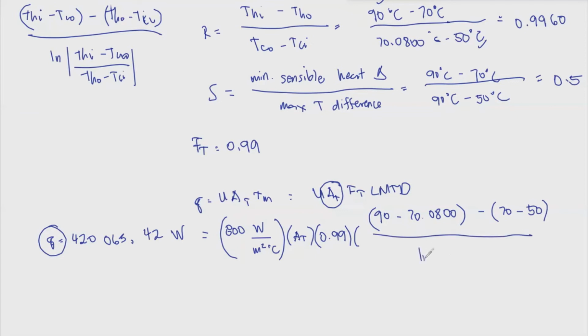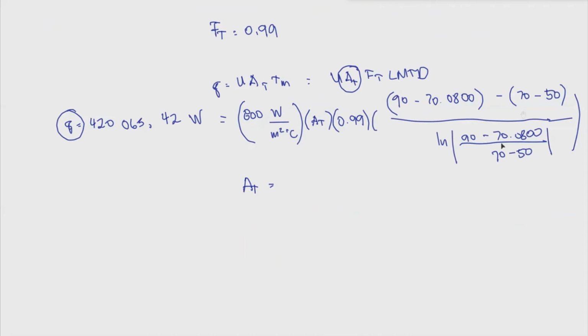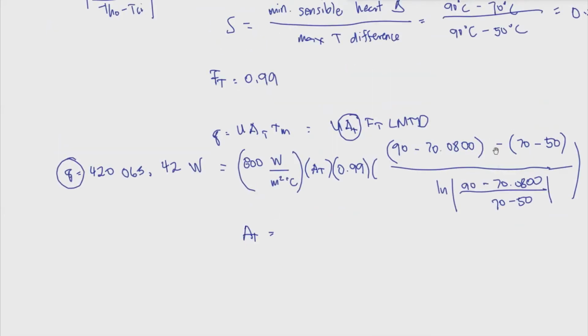Then we have ln of 90 minus 70.0800 divided by 70 minus 50. Okay, so if you solve for this LMTD, you'll get a very low value that's around 1.9. I'll be using a green color for this. That's 1.9. Let me just check it again. So that's 1.959.